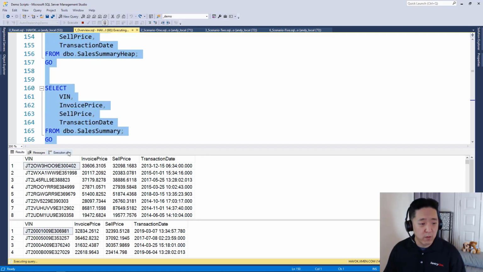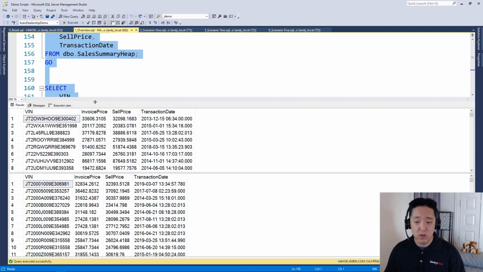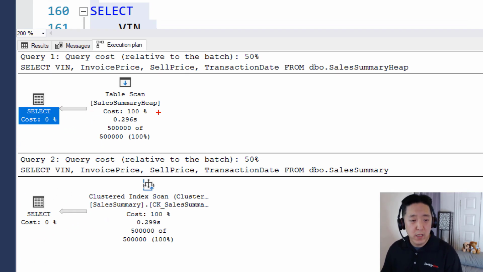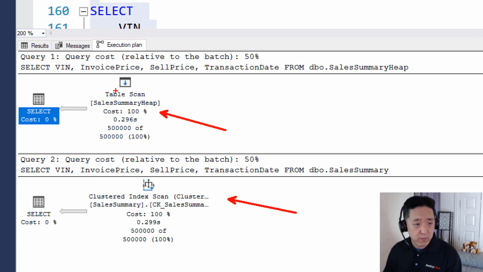And then we'll take a quick glance at the execution plan and the underlying IO for each of these. So each of these different tables have 500,000 records inside of them, okay? And if I look at the execution plan, of course, the first one is a table scan operation against my heap, and the other one is a clustered index scan against the table that has a clustered index against it, okay?